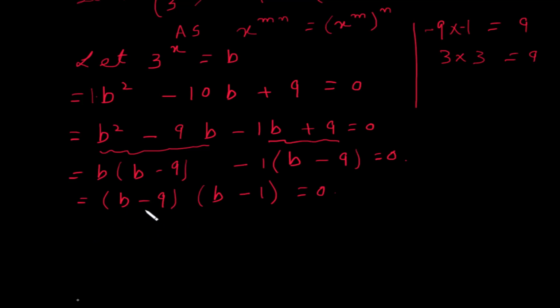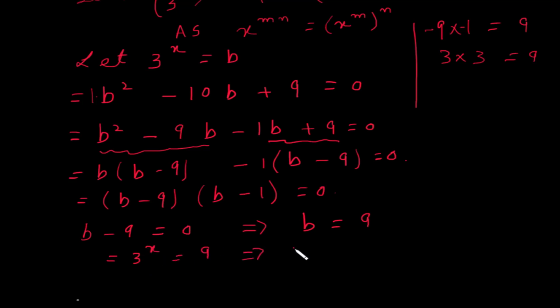First, I will take b minus 9 equal to 0, which implies b is equal to 9. And we know that b was substituted, and its original value is 3^x. So 3^x is equal to 9.